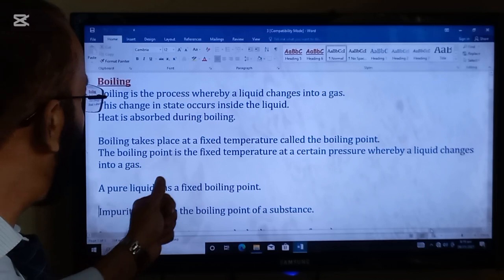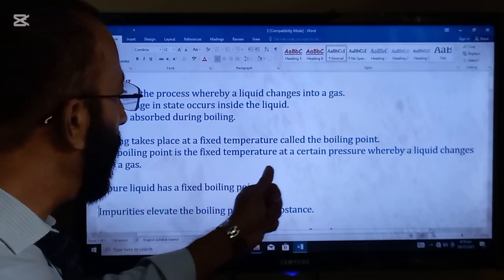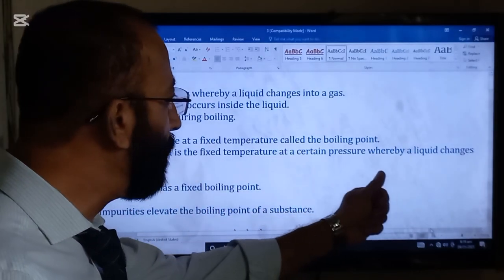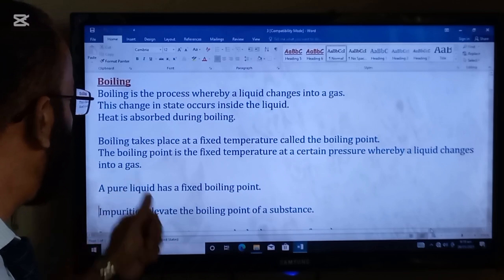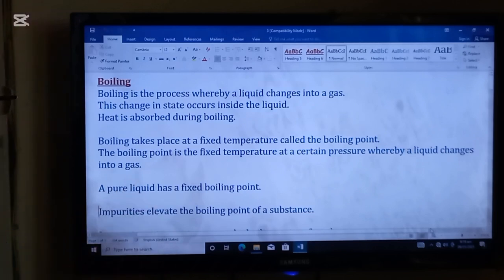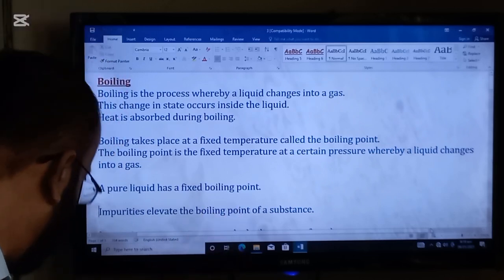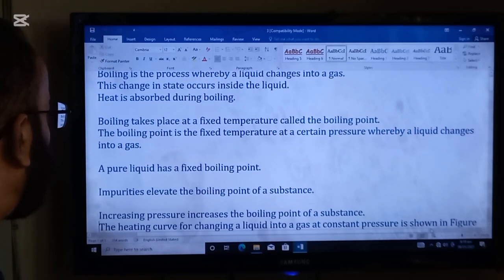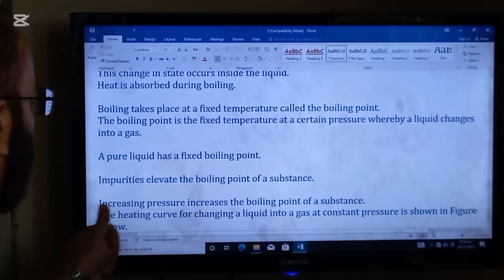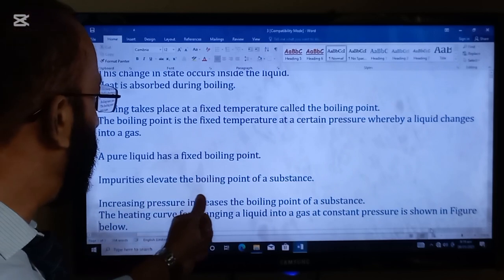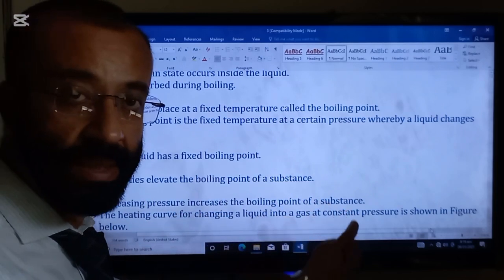The boiling point is the fixed temperature at a certain pressure whereby a liquid changes into a gas. A pure liquid has a fixed boiling point. Impurities elevate the boiling point of a substance.